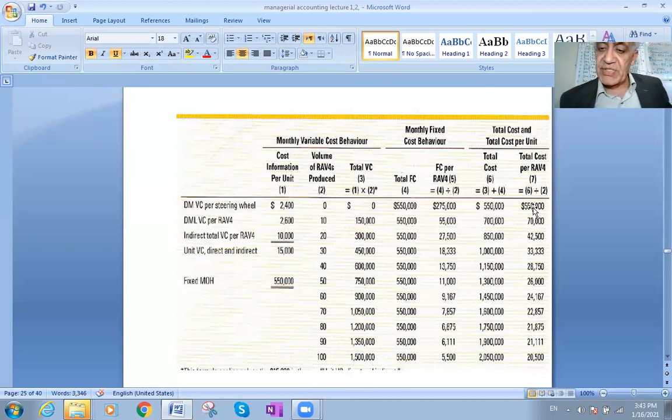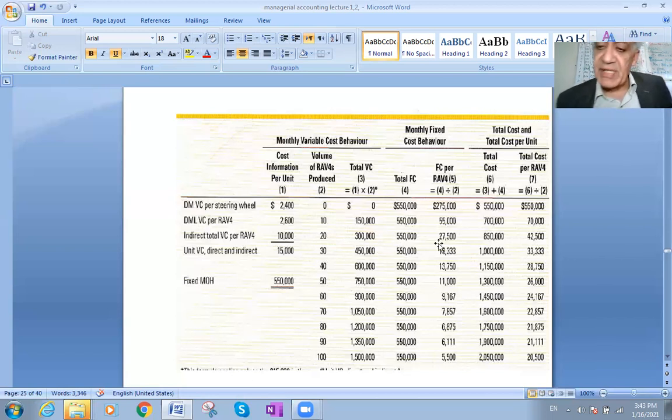You started with $550,000 when you don't produce, then you went to 70,000 per unit when you produce 10 units, 42,500 per unit when you produce 20 units, then 33,333 when you produce 30 units, and so on.